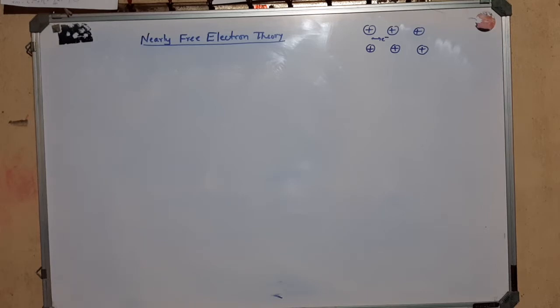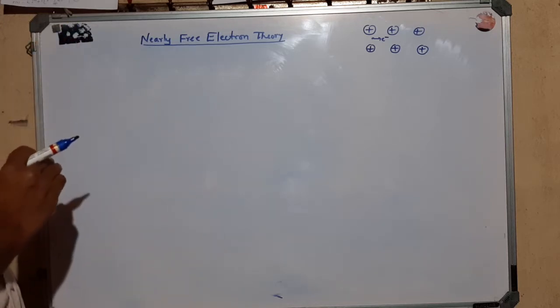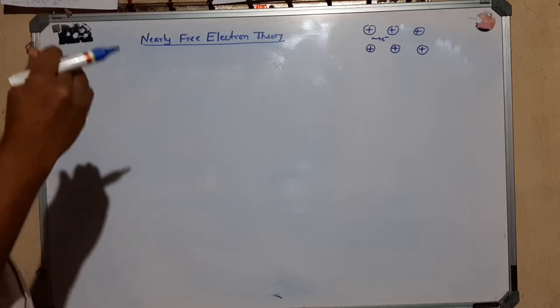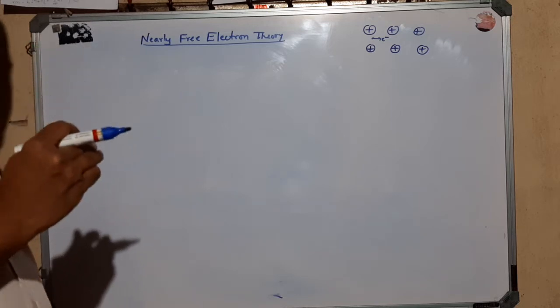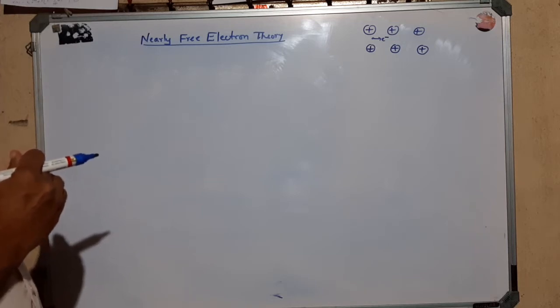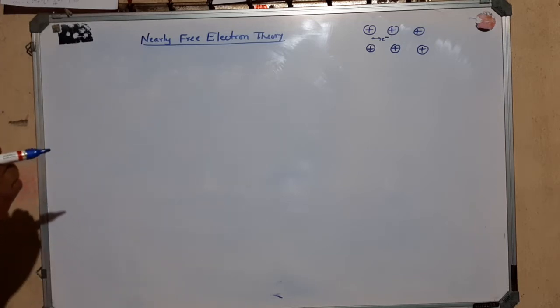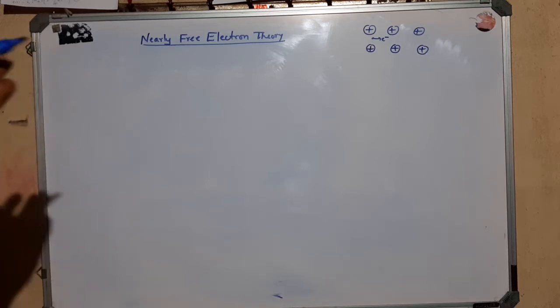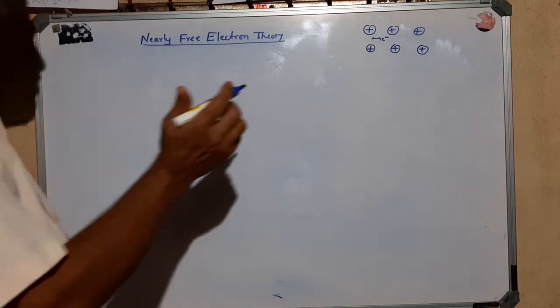So let us use this theorem to understand the formation of bands. First of all, we will consider the nearly free electron theory, in which let us discuss how the energy bands are formed in solids. Here in this theory, we are considering the electron moving in the periodic potential.